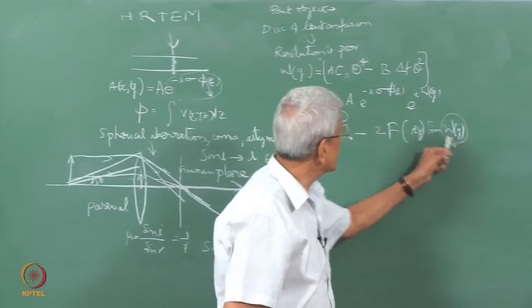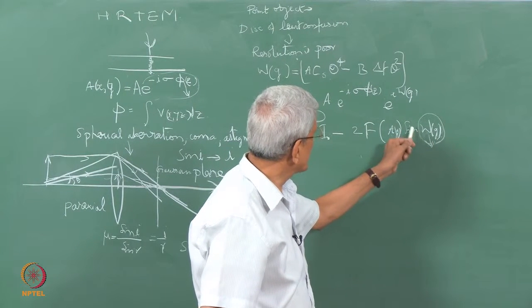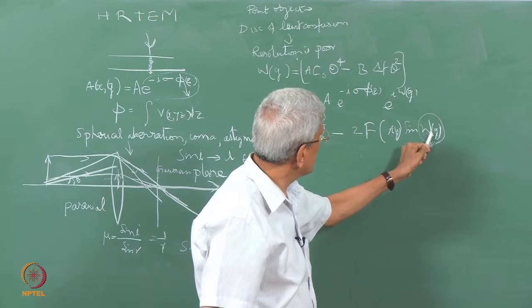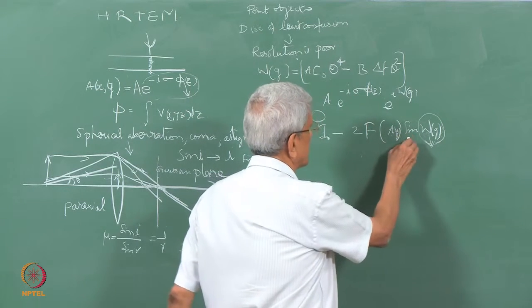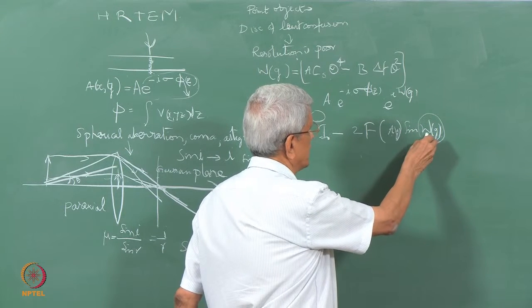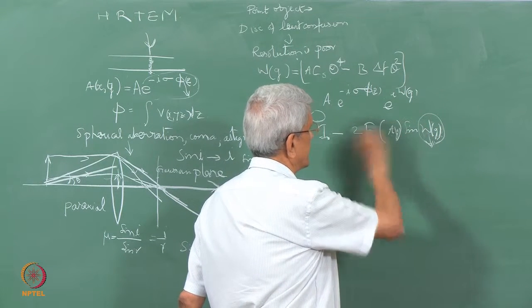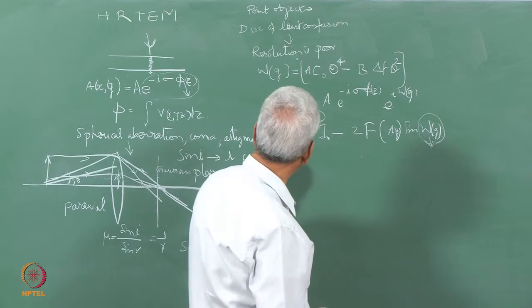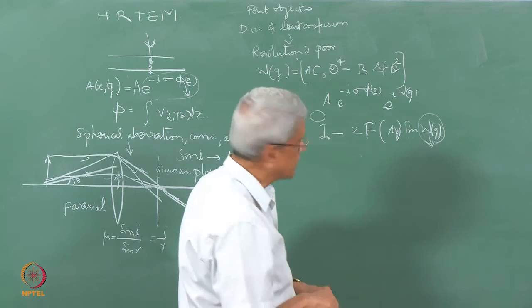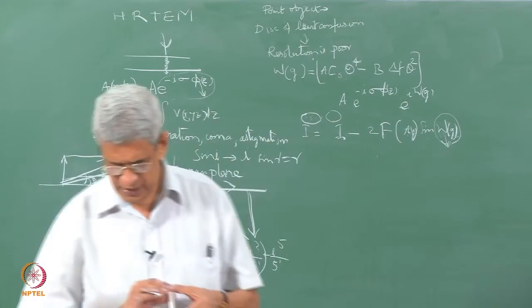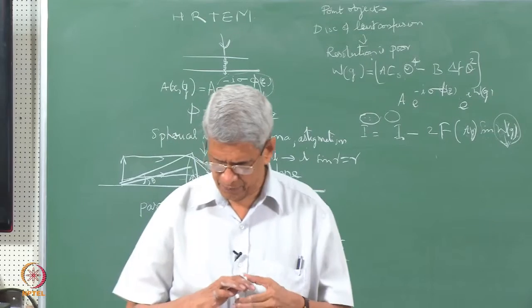Depending upon that, if it is sin π/2, then Wg becomes 1. Otherwise, the sign can change, and when that changes for different values, we will not be able to explain the contrast which we get. All these things we have discussed in the last class.